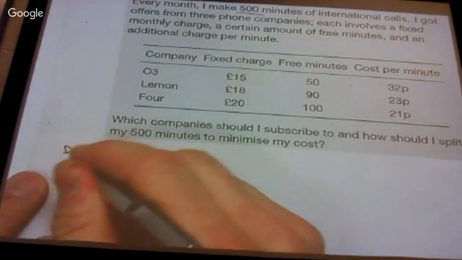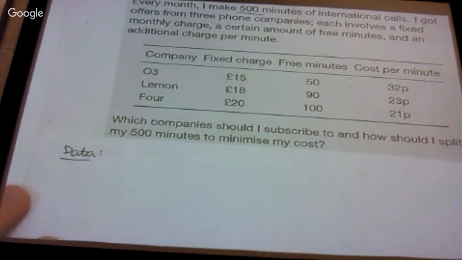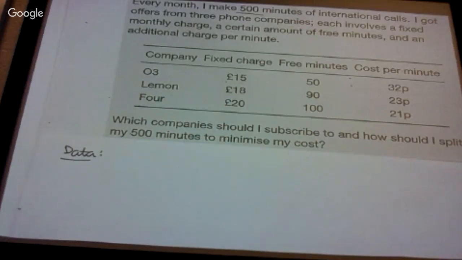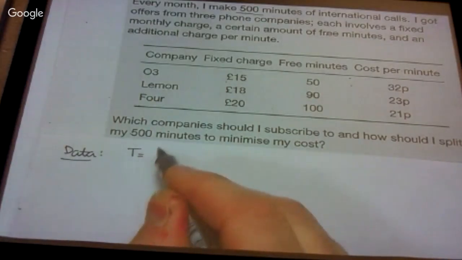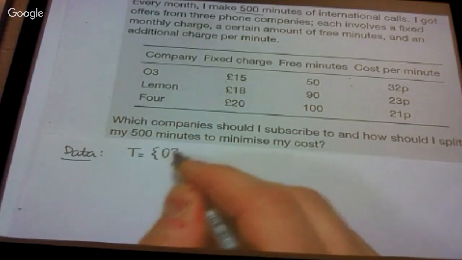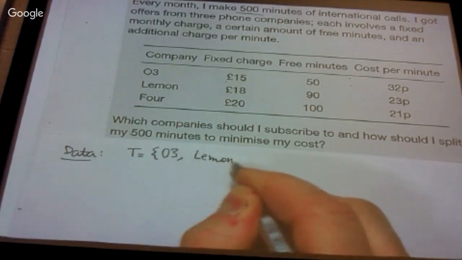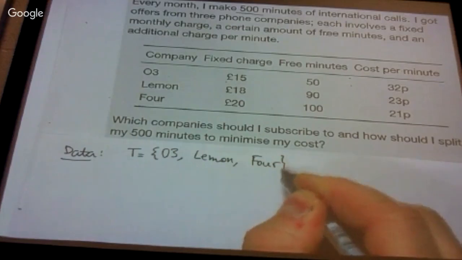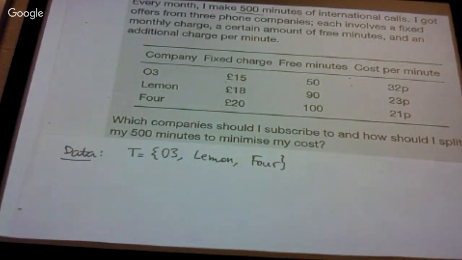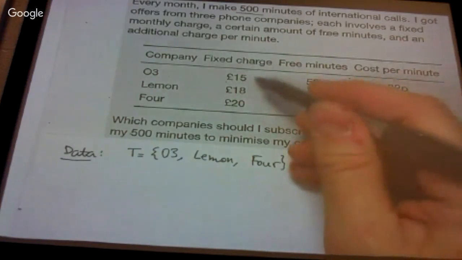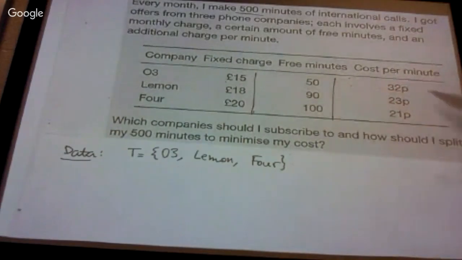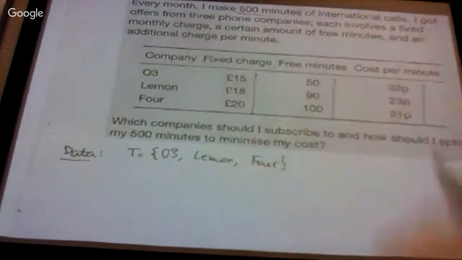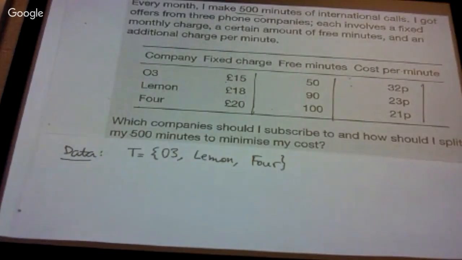I usually summarize what is known. So we have a set of telecoms, which I call 1, 2, and 3, and I have fixed charges, free minutes, cost per minute, and 500 minutes.